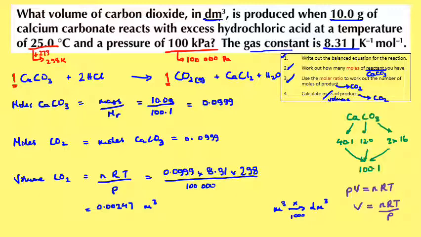So for every 1 meters cubed, there's 1,000 decimeters cubed. So if we times that by 1,000, we get 2.47 decimeters cubed. And we give decimeters cubed because that's what it asked for in the question, and there might be a mark for that right at the end. And that would be the answer, 2.47 decimeters cubed.